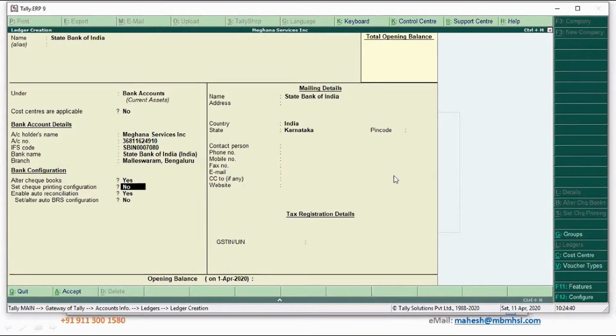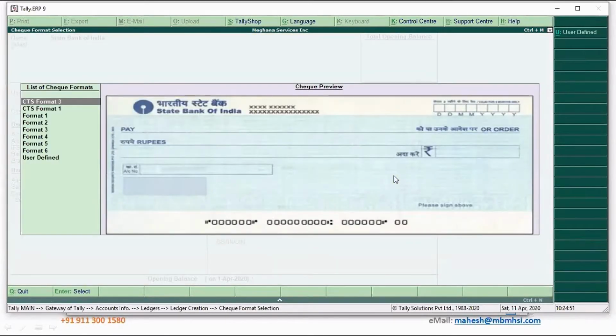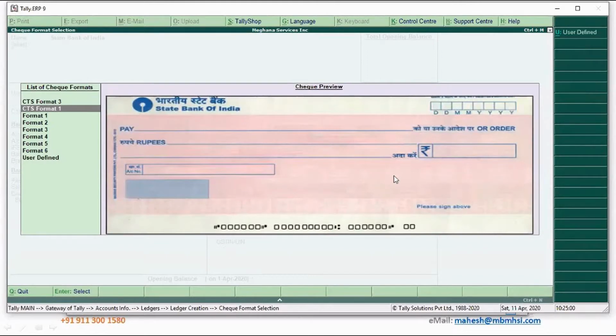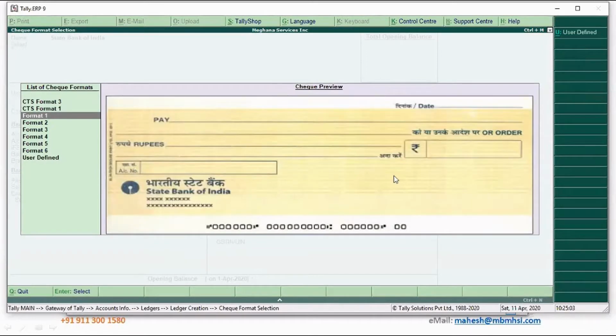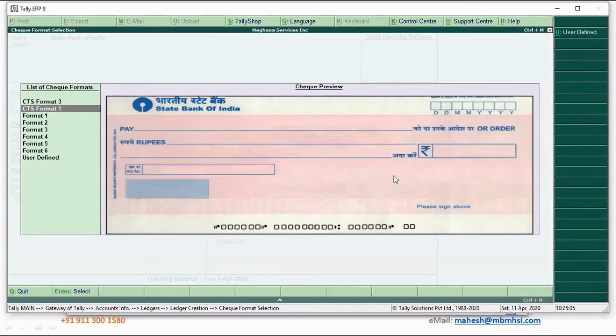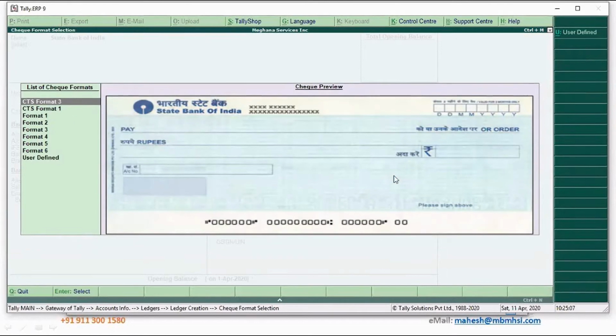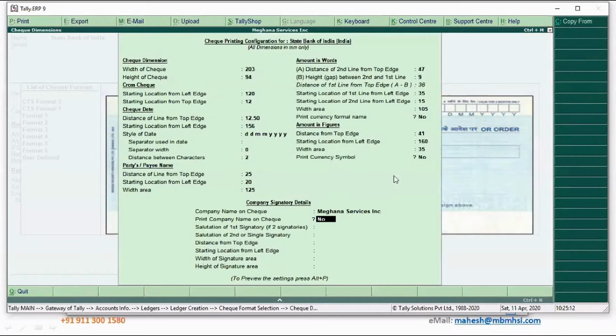If you are giving payment through check and you don't want to manually write the check and want to print from the system, you could enable that. See, default print formats are showing on the screen. You could look at your checkbook, select the specific format that matches it. These formats are already available as part of your Tally. So I'm just selecting this format.